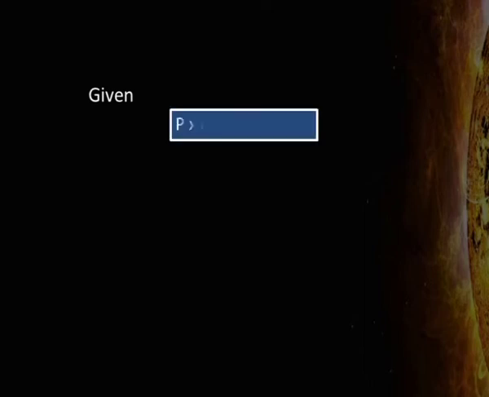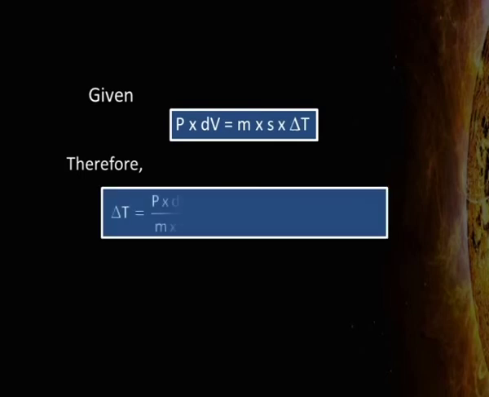Given that P dV is equal to M S delta T, therefore, delta T will be equal to P dV upon M into S. Putting all the values, we will get 607.8 divided by 10 multiplied by 18 multiplied by 4.184, which is equal to 0.807. Hence, delta T is equal to 0.807.